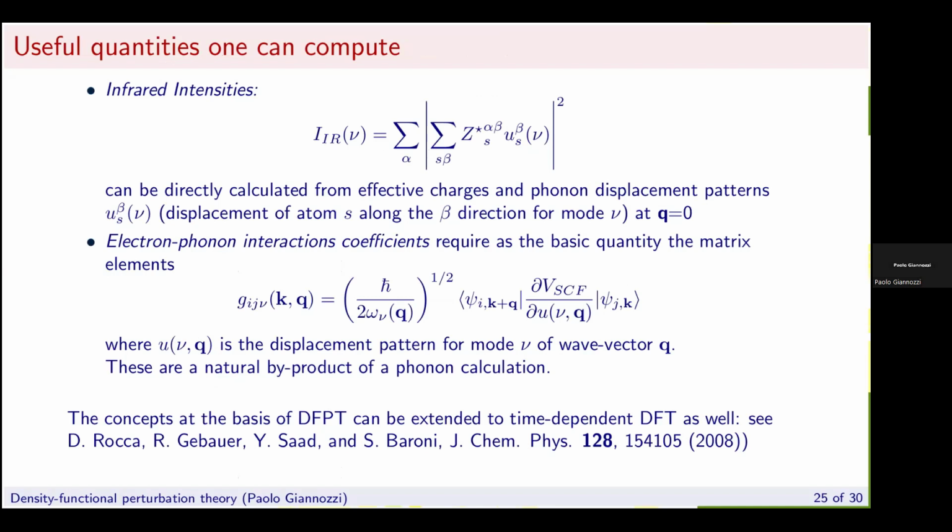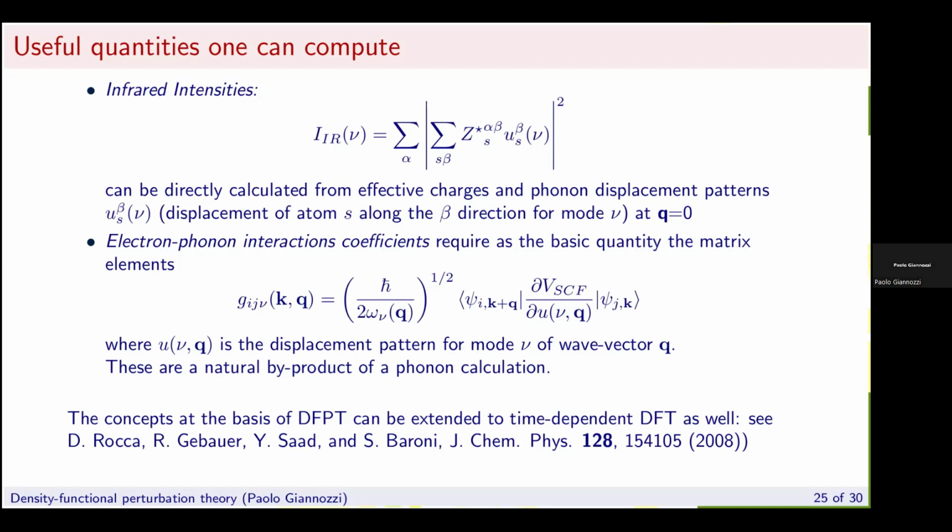At Q equals 0, with the effective charges and the phonon displacement pattern, you can compute the dipole induced by a phonon displacement, and this dipole squared is exactly what we need to compute the infrared intensity. It's proportional to the infrared intensity.